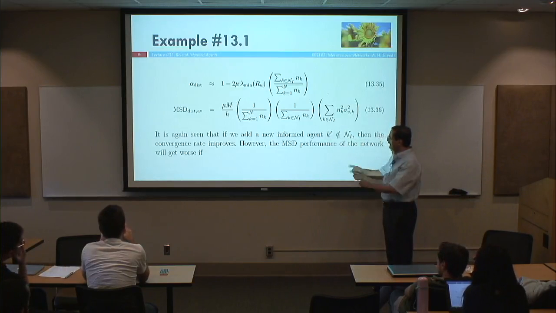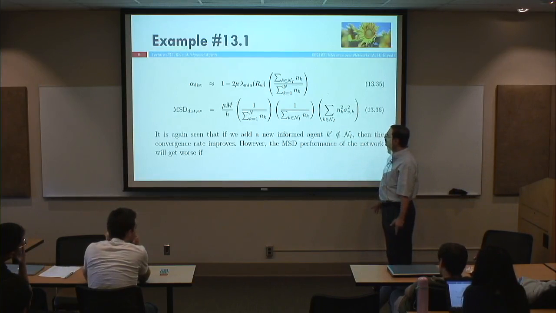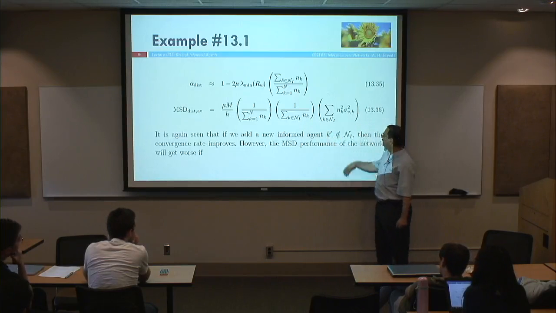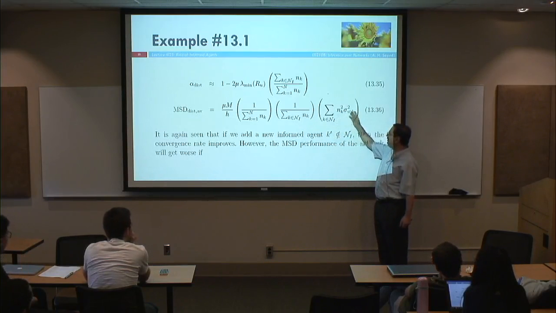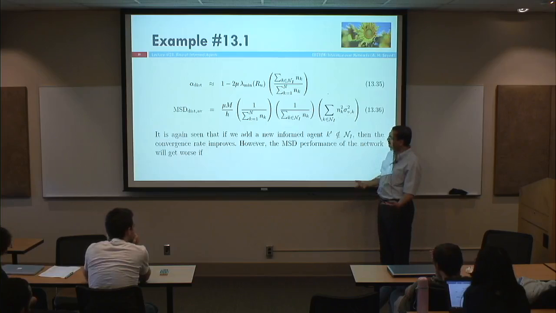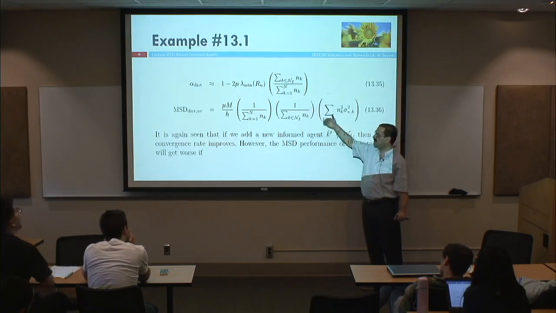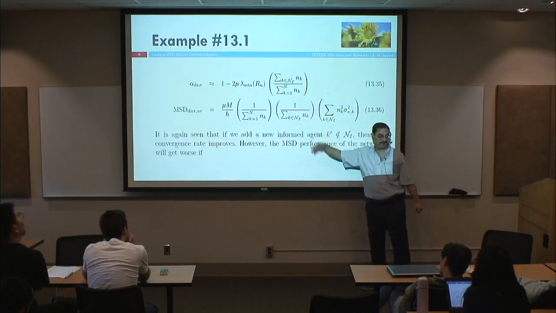Now, if I add a new agent, what will change? This sum will be the old plus nk prime. This sum will be nk prime squared, sigma vk prime squared, plus the old. Now you ask yourself the question, how should these factors be chosen such that the new MSD is worse or better than the previous?